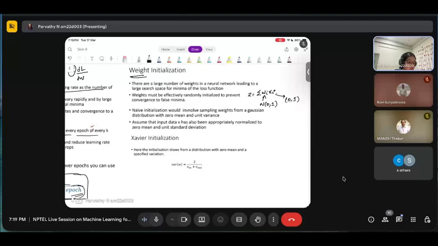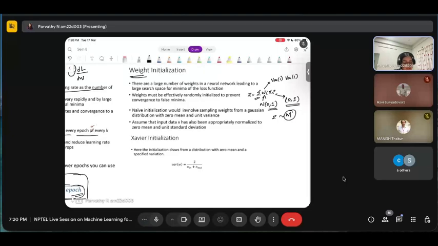So this is normalized and this is normalized. The variance of this one will be 1, and this one will also be 1. And this is done over the full number of samples, so z will be proportional to the number of samples. That means the variance of z will grow with the number of inputs.